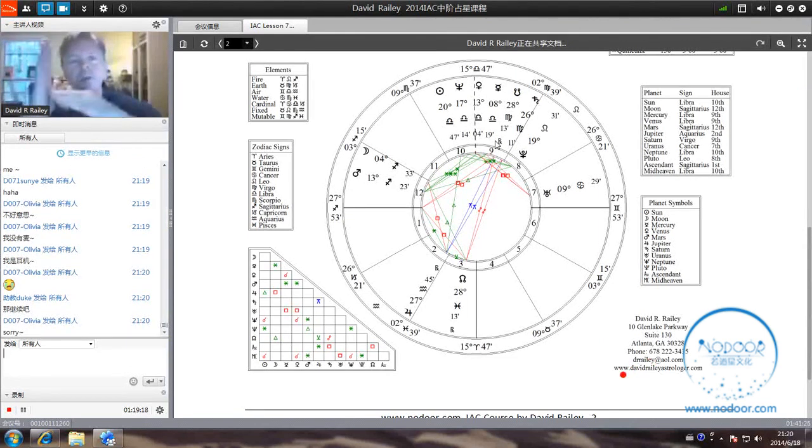A square from Jupiter is still a square. And it's still the difference between Virgo and Sagittarius, isn't it? Certainly Virgo is much more practical than Sagittarius.